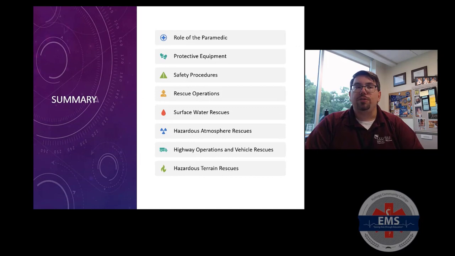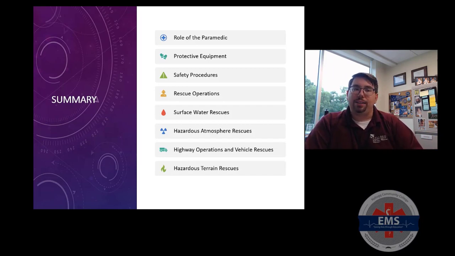In summary, we've talked about the role of the paramedic, the necessary protective equipment for both you and your patients, safety procedures, recognizing that safety is everyone's responsibility. We talked about rescue operations and the procedures which we need to implement throughout those 7 phases of a call. We talked about surface water rescue for both bodies of water and swift moving water.